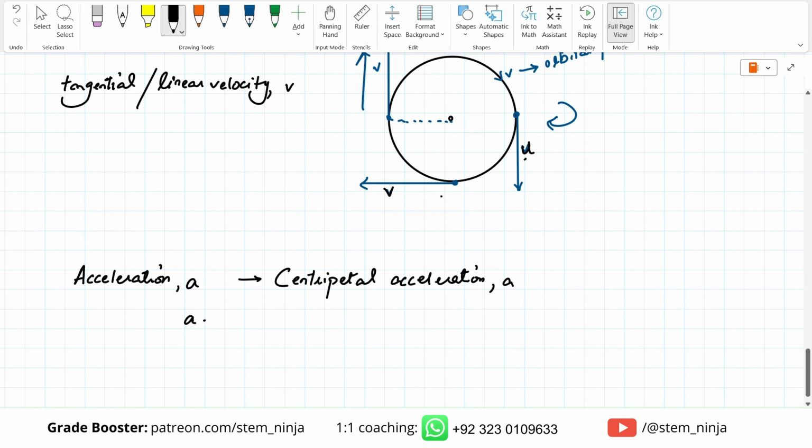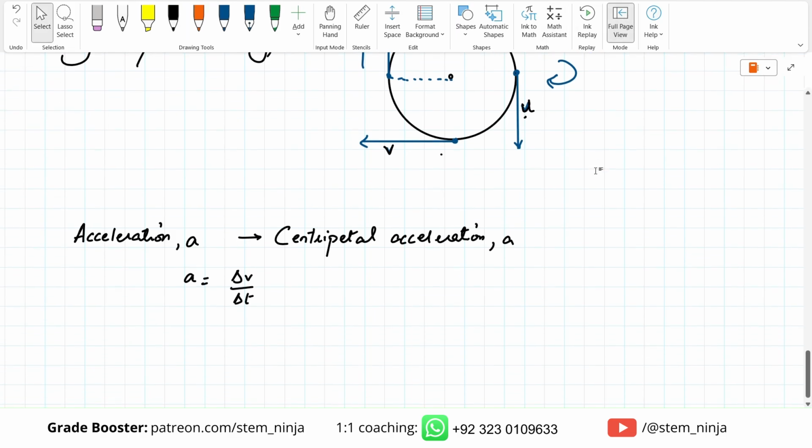We know that a is basically the change in velocity over change in time. So from a vector point of view, it is v minus u over t.